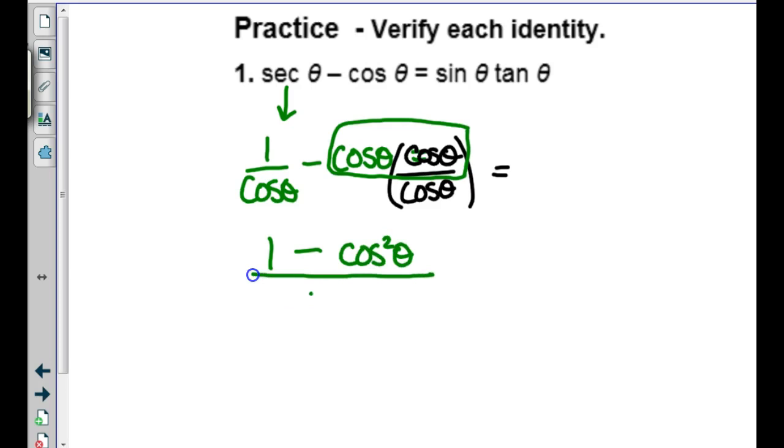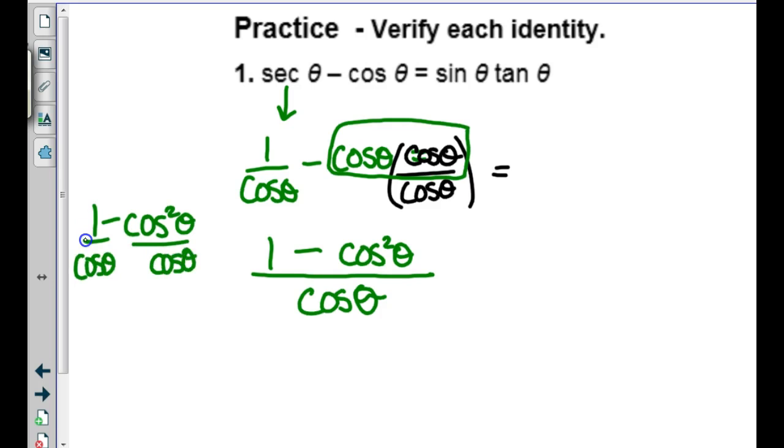And it's all over the common denominator of cosine. That is the least steps you can show me. Okay, you could have in here put 1 minus cosine squared and shown that this was over a cosine and this is now over a cosine, and therefore I can put them together as one fraction. Okay, you don't have to show that step, but you have to show that you multiplied by cosine over cosine.